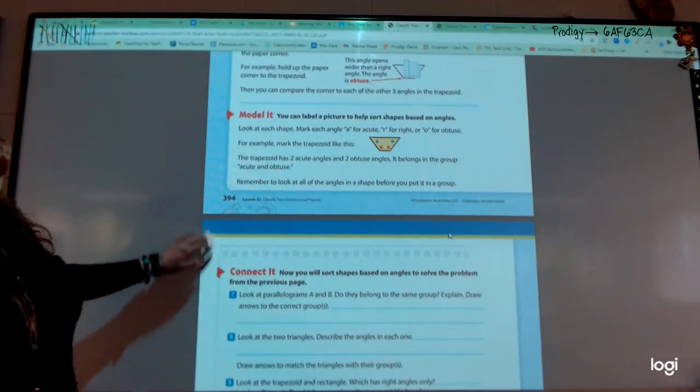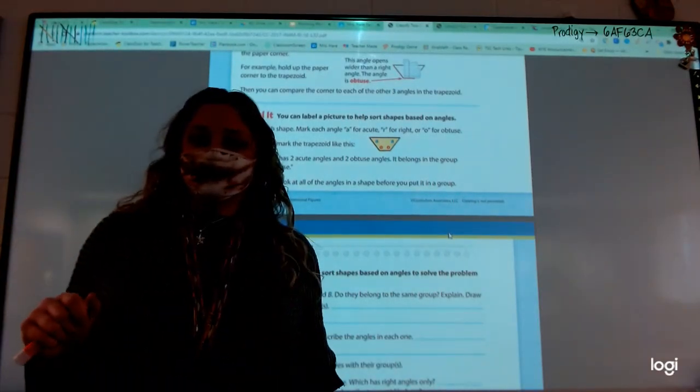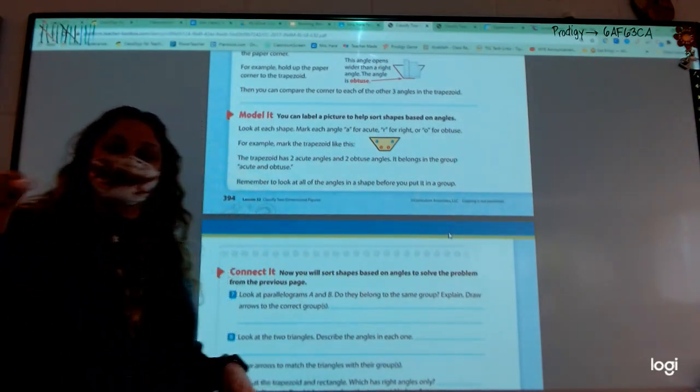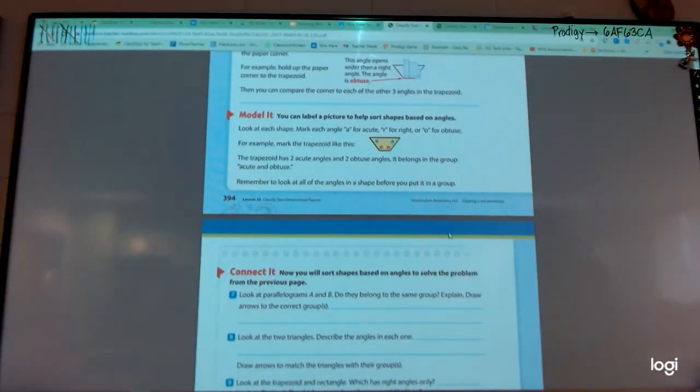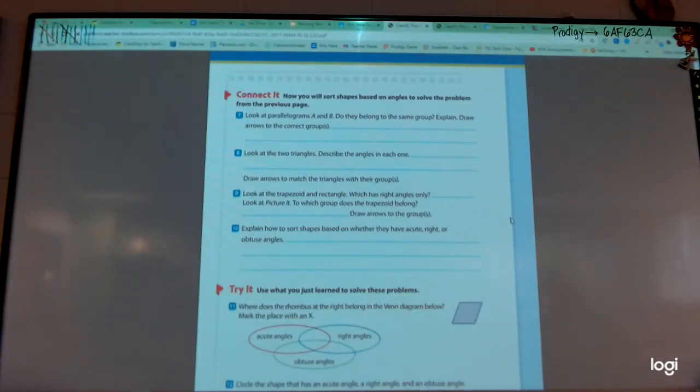Okay, so now we are going to look. This gets tricky for me because I don't have 2 screens to show both sides. So you're going to be looking at the shapes on page 194, and we're going to be describing them on page 195. Can somebody please read me number 7 at the top of page 195? Josiah? Look at parallelograms A and B. Do they belong to the same group?